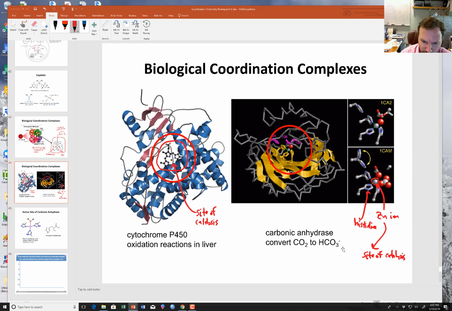So remember, hopefully from your kinetics chapter in Chem 1B, that enzymes are simply proteins that act as catalysts.